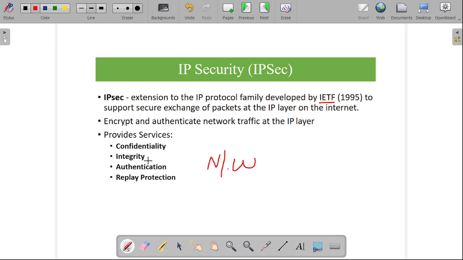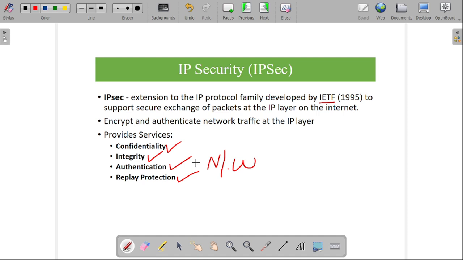There are different services provided by the IP security protocol: confidentiality, integrity, authentication, and replay protection. Confidentiality means your data is kept private and secure from the attacker.